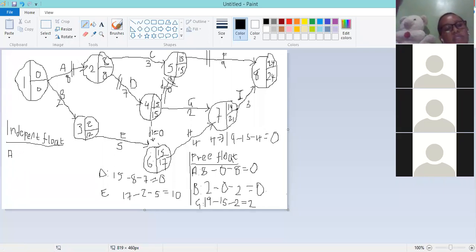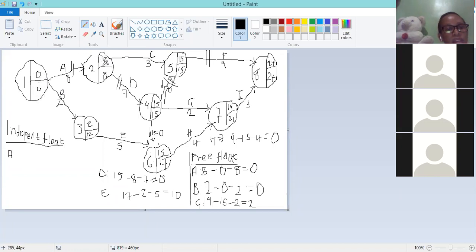Activity A lies between these two nodes, number 1 and number 2. You can see what I'm trying to circle in my illustration. I'm going to take 8, the earliest event time of number 2, sorry, and we subtract the latest event time of number 1 here.